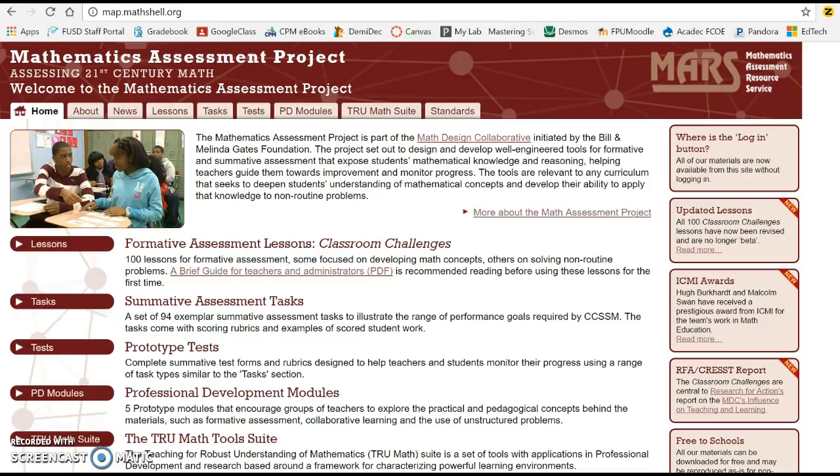Each lesson that the MARS project has here includes a pre-assessment, where the feedback on an assessment shifts to question asking, to extend students' thinking about the responses they have already given.